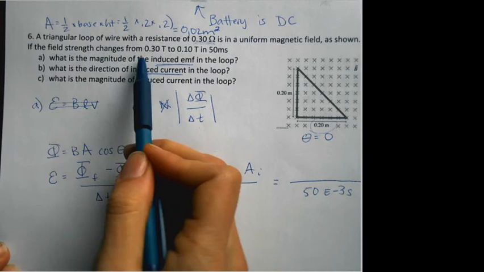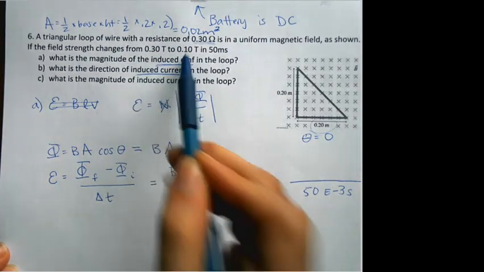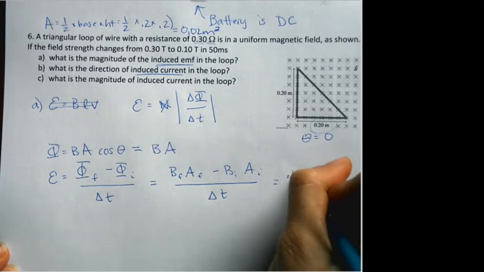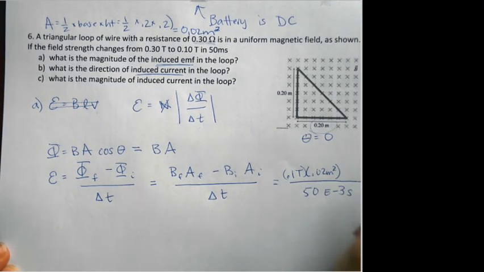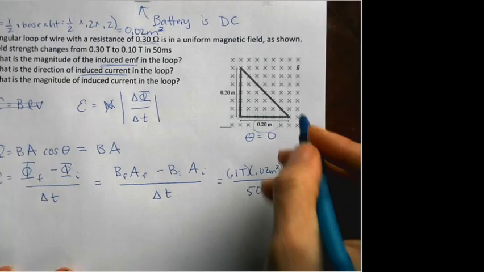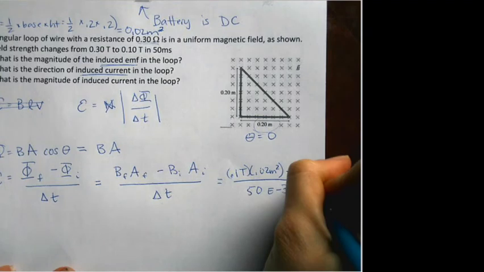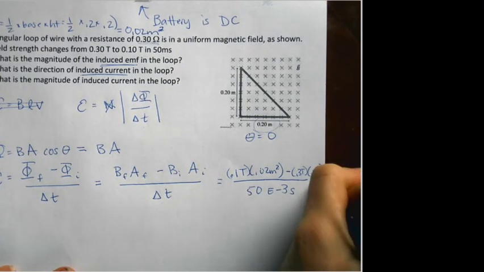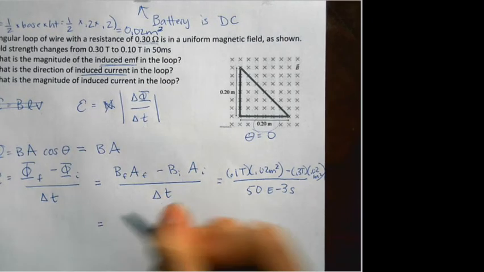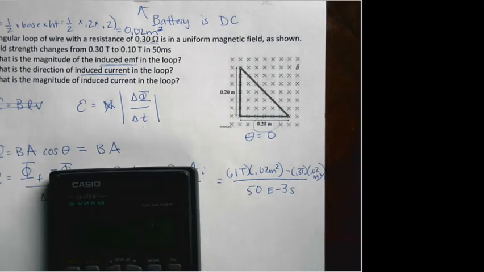So B final is 0.1, right? That's the final. It changes from that to that. So we'll go 0.1 Tesla times 0.02 meters squared minus 0.3 Teslas times 0.02 meters squared. And plug all of those things into our calculator.